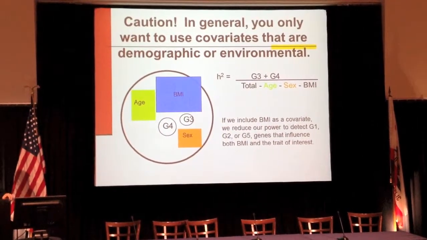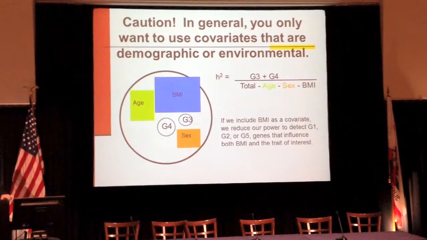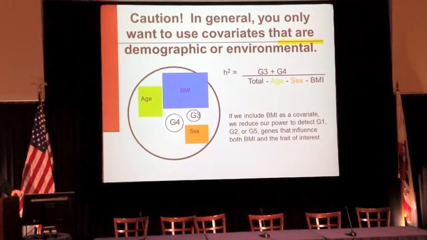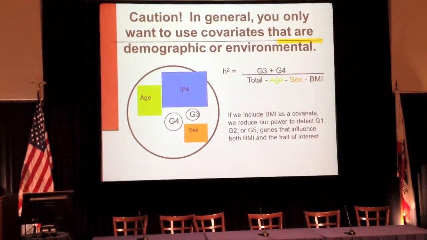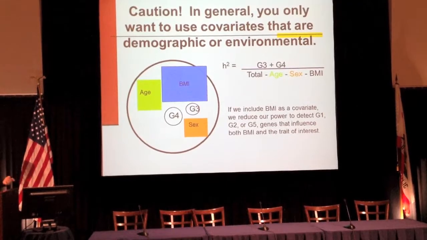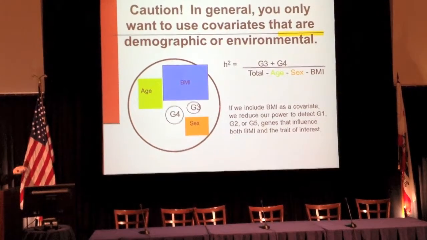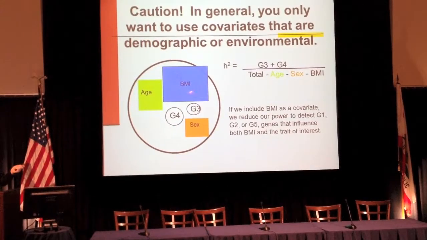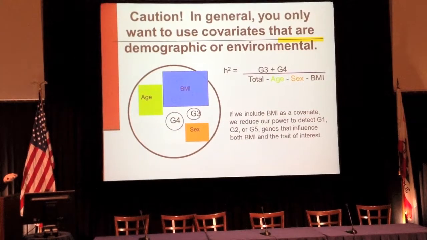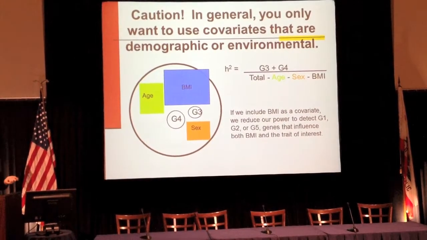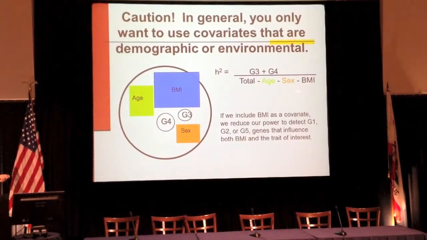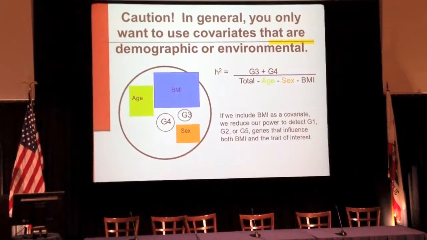So, for example, if this trait is height, and we know that BMI is also a measure of height, in addition to the measure of the weight, it's a ratio of height over weight, then this BMI may actually influence or explain the variance by genetic factors 1, 2, and 5. And by using this BMI as a covariate, you're actually going to reduce the heritability value by the corresponding fraction.